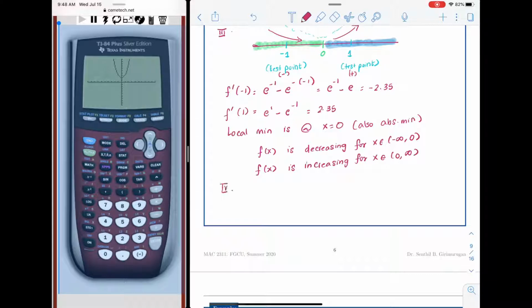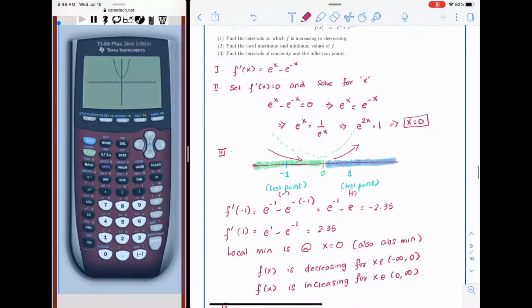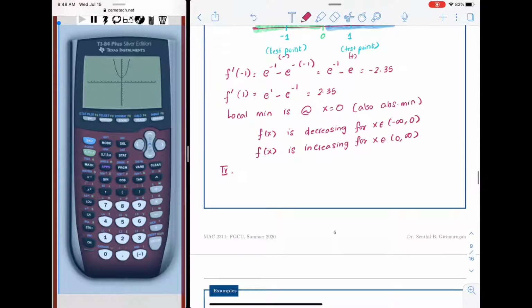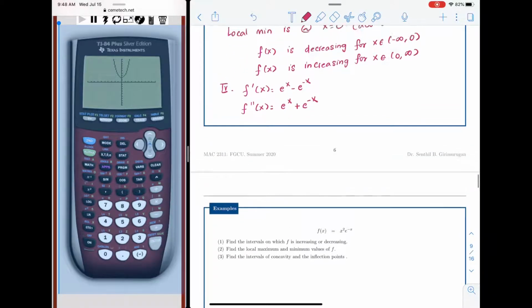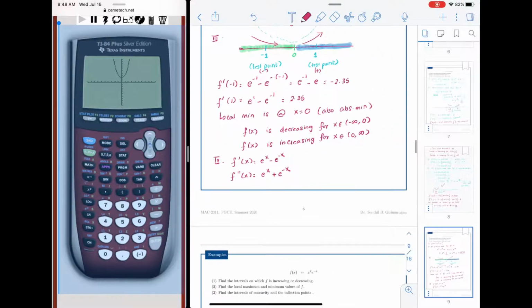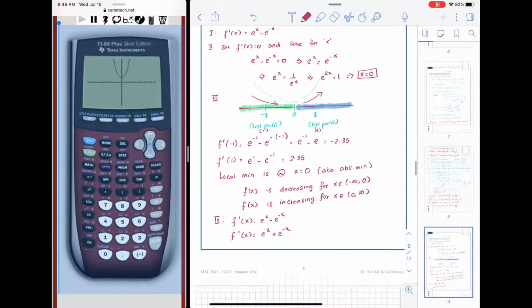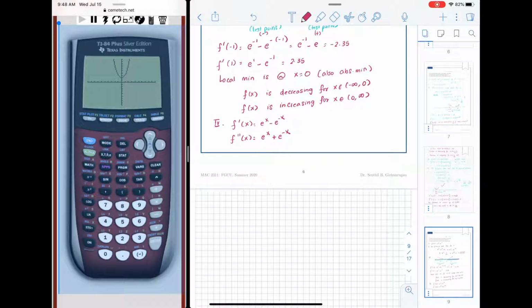Moving on to the second derivative, we have the first derivative to be e raised x minus e raised minus x. The second derivative is simply e raised x plus e raised minus x. We've got to set the second derivative equal to 0 and solve for x.